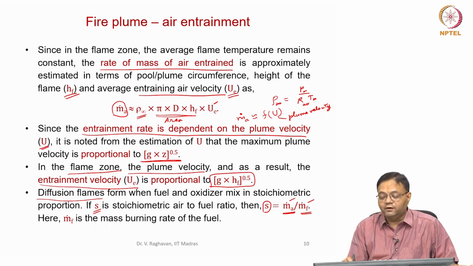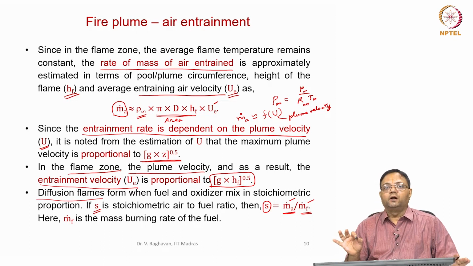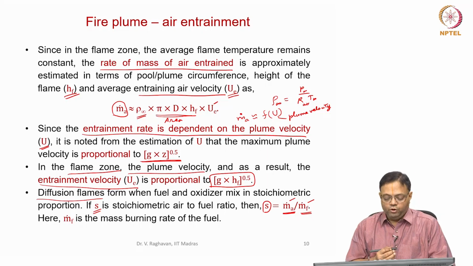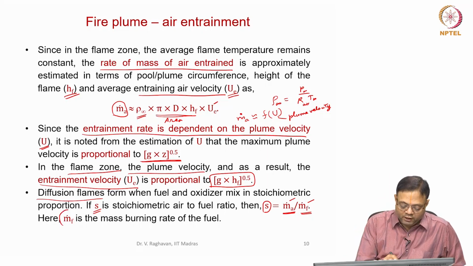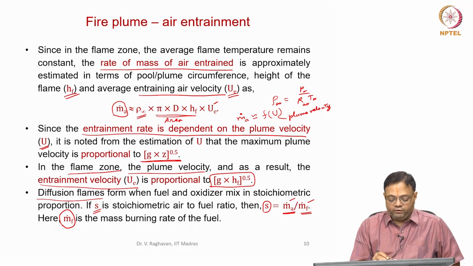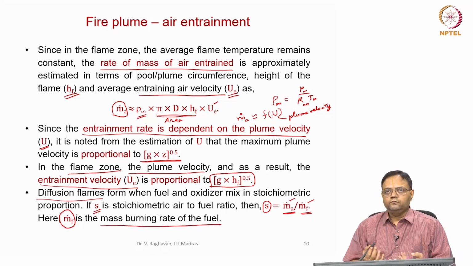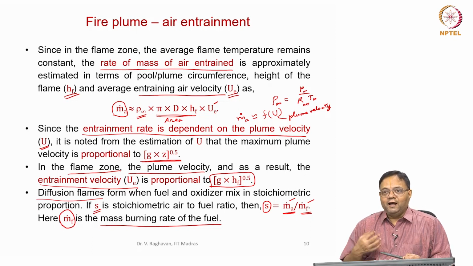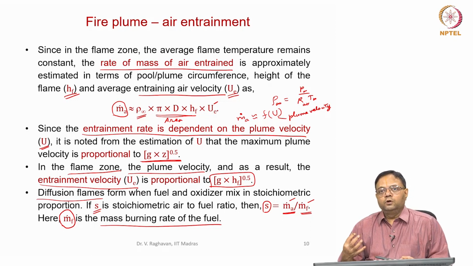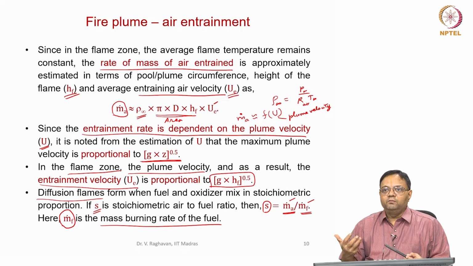This air flow rate m dot A is going to completely burn the amount of fuel which is going to come out, and in turn m dot F will be the mass burning rate of the fuel. So that means the air entrainment will be dependent on the mass of the fuel which is coming out. Okay.